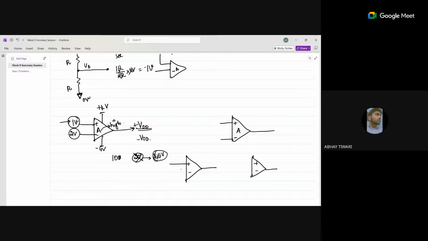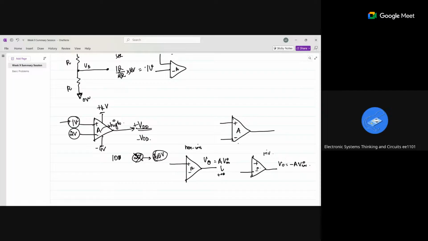Yes, ma'am. Whereas this is the non-inverting one, and this one is the inverting one, right? In a non-inverting amplifier, the output voltage will be the amplified version of the input voltage, and Vout will be positive, right?